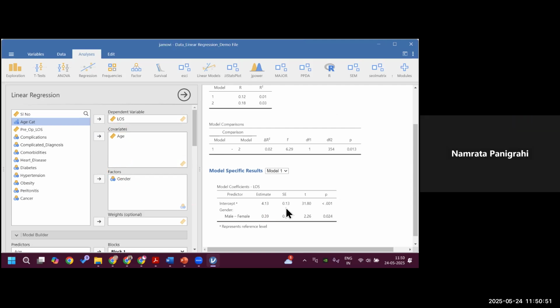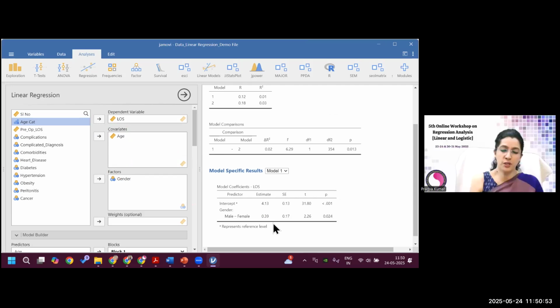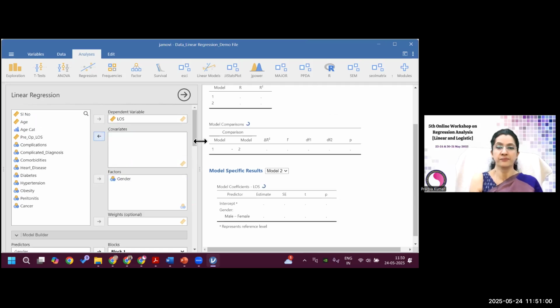If you have understood up till this point, then I will move ahead. I am taking age here as a confounder. Now, this is my model 1. What is the value of the beta coefficient when I have only one predictor variable? 0.39.